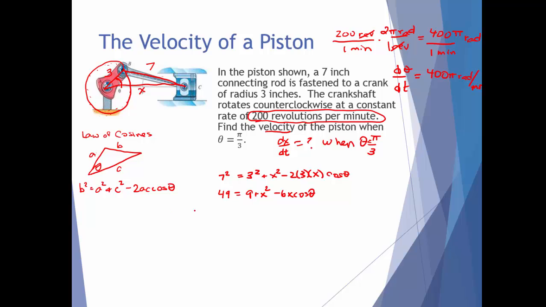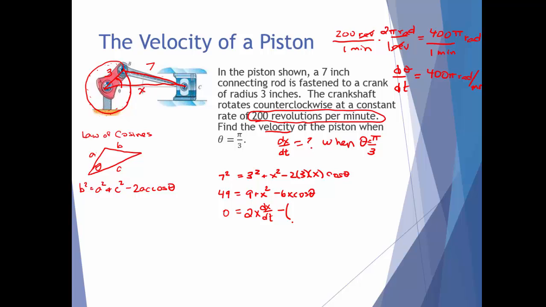So now when we go to work with our equation, we're going to take its derivative. The derivative of 49 is 0. The derivative of 9 is 0. The derivative of x squared, remember this is with respect to t, so that's 2x dx dt, minus, now I need the derivative of 6x times cosine theta. So you're going to need a product rule here. Also be careful of that negative sitting out front.